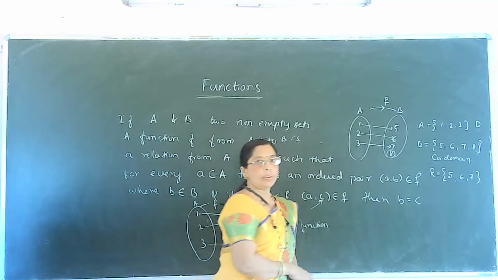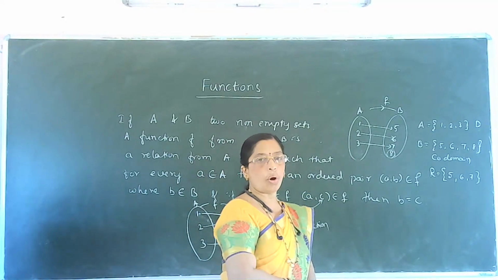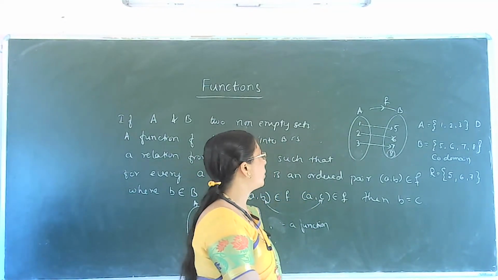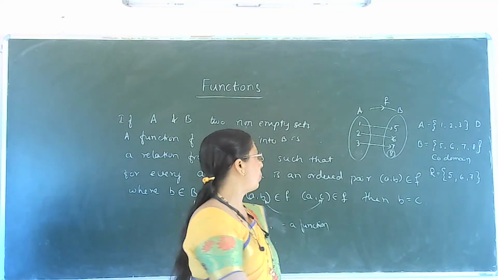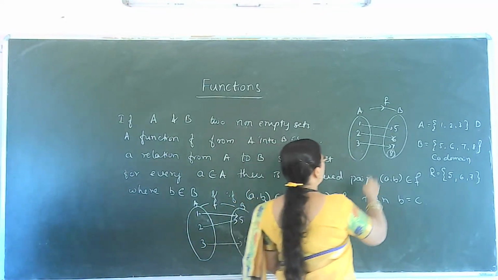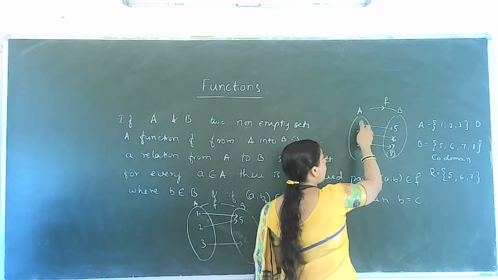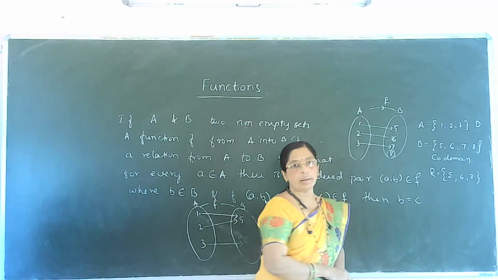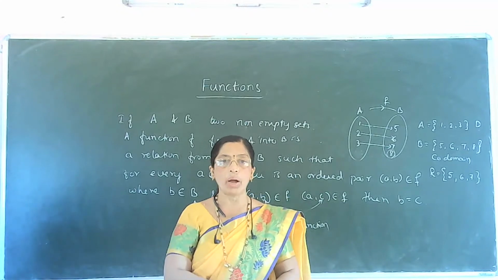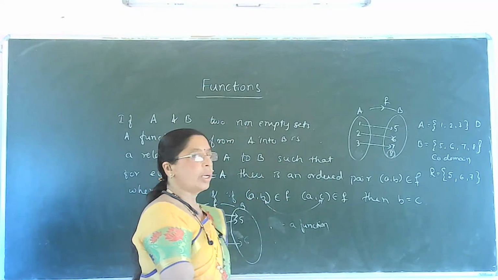Every element of A, or domain, should be paired with an element of the codomain, and every element should have only one image.